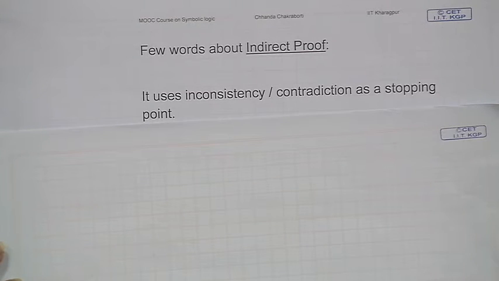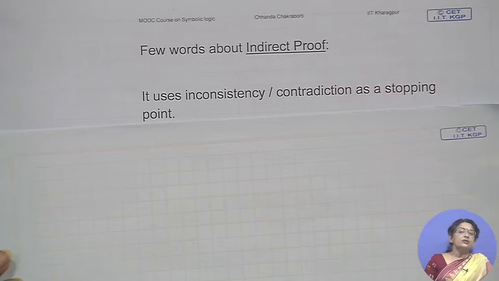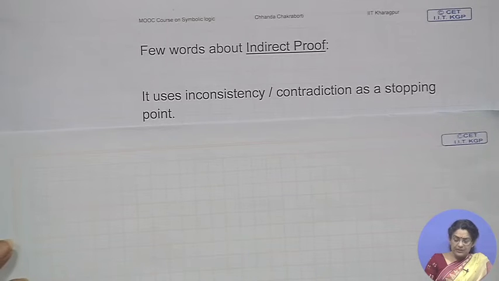Beyond this, the argumentation does not proceed. That treats this self contradiction or inconsistency as a termination point for logical reasoning.